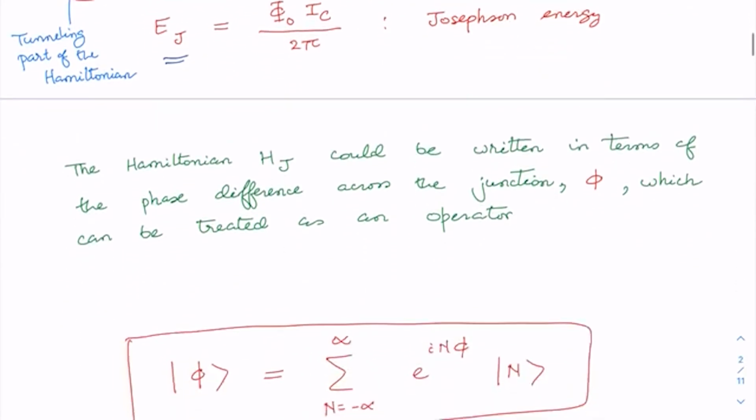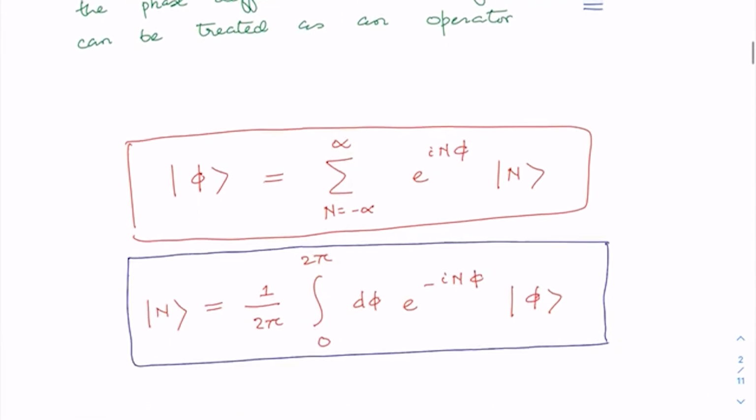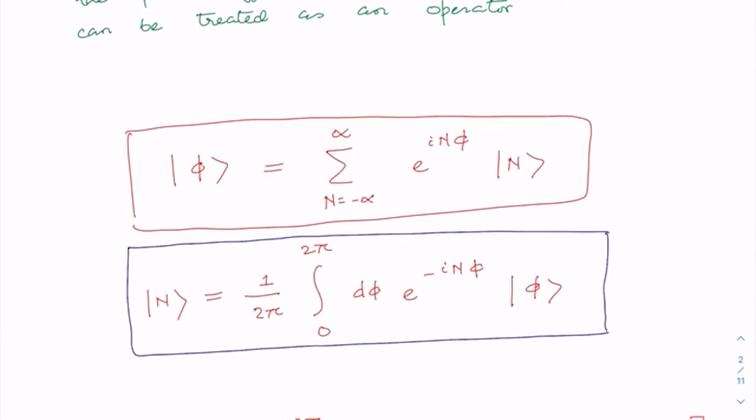And this Hamiltonian can be written in terms of the phase difference across the junction phi, where phi can be treated as an operator, and we can define a basis state phi cap, which can be expressed in terms of the number state basis, or inversely we can express the number state basis in terms of this phi basis.